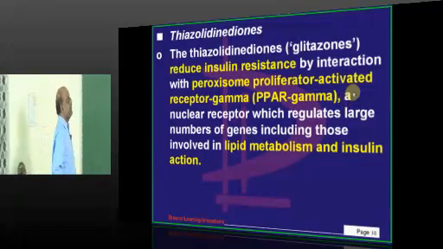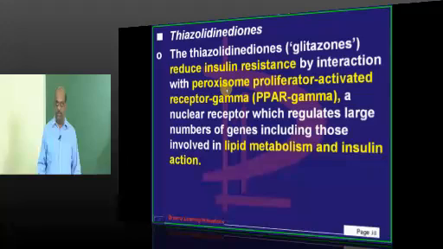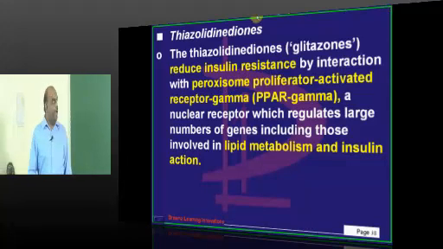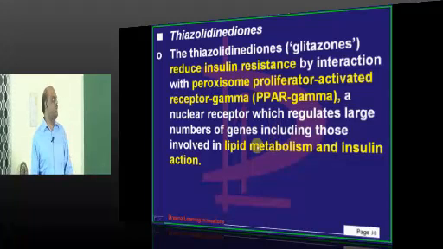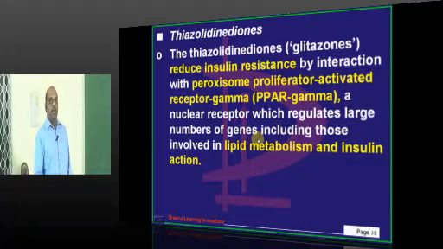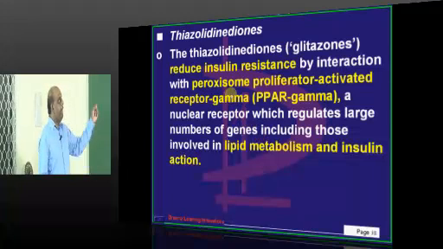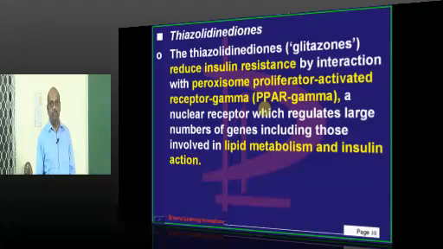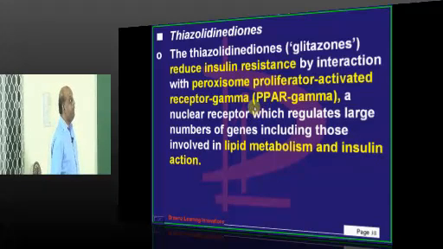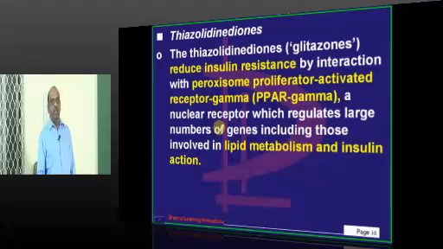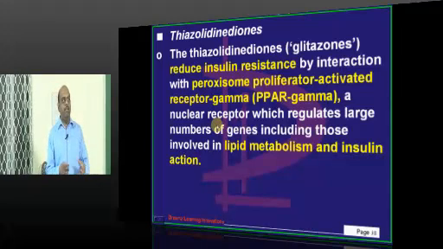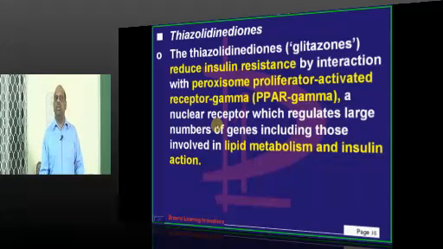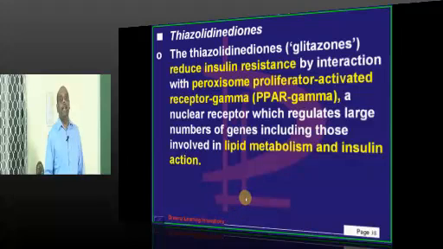Okay. What is the story of thiazolidinediones? They reduce insulin resistance by interacting with one important receptor called peroxisome proliferator activated receptor gamma, PPAR gamma. PPAR gamma is a nuclear receptor which ultimately regulates a lot of genes involved in lipid metabolism and insulin action.